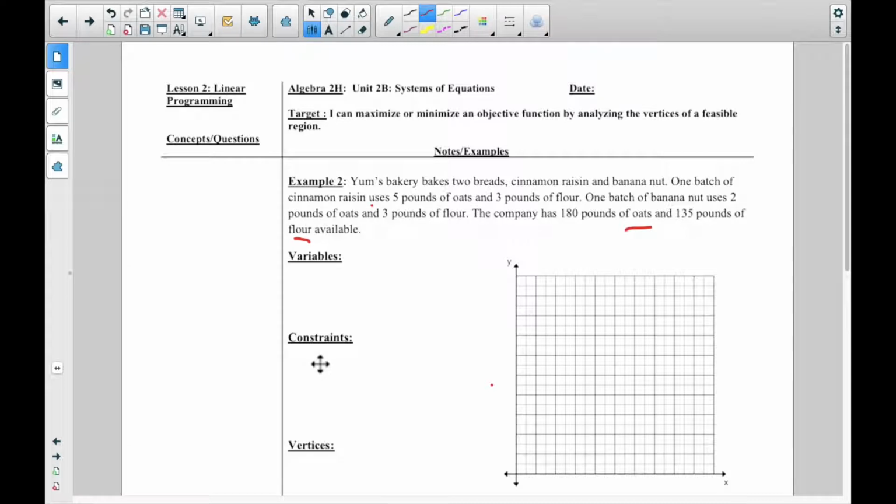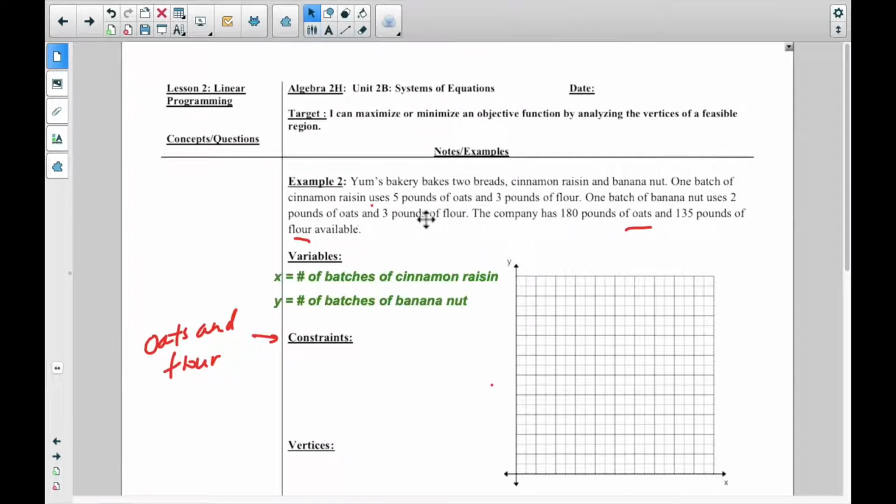So my constraints are that I only have so many oats and so much flour available. In this case, my constraints are oats and flour. And if oats and flour are the constraints, then the variables must be the other ones: cinnamon raisin and banana nut.